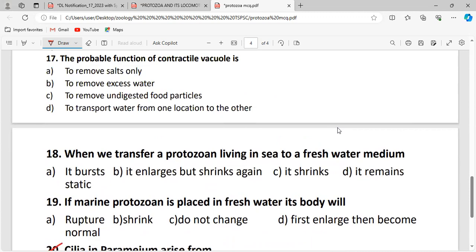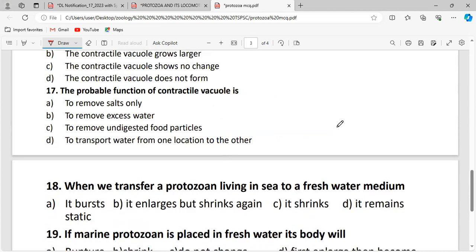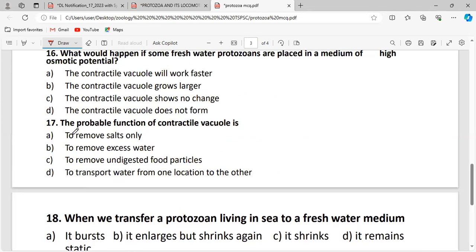I'll ask another question. You have to ask me if you have any doubts. Okay. The probable function of contractile vacuole is? Lalita, answer.